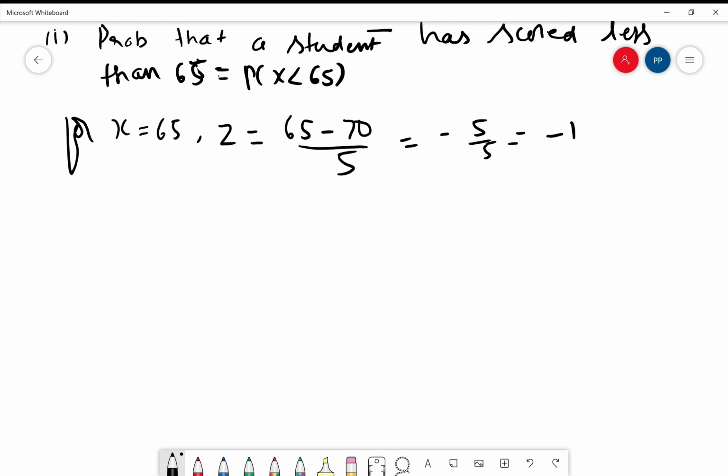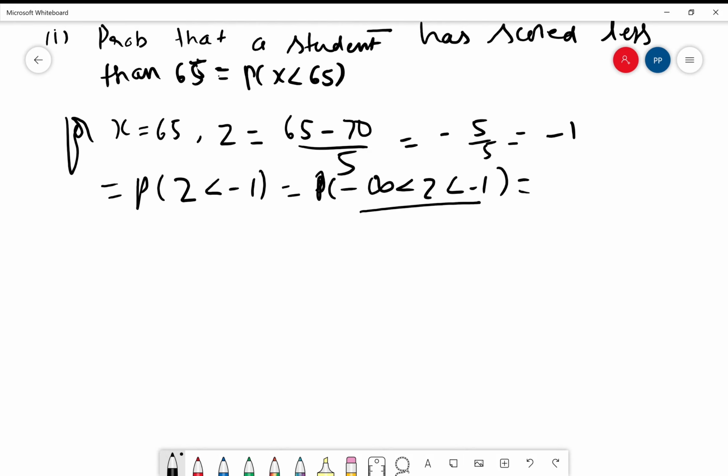Therefore, this becomes P of z less than minus 1, which is P of minus infinity less than z less than minus 1. This is a probability over a negative interval. Converting into a positive interval, you get P of 1 less than z less than infinity, which is equal to phi of upper limit infinity minus A of 1.